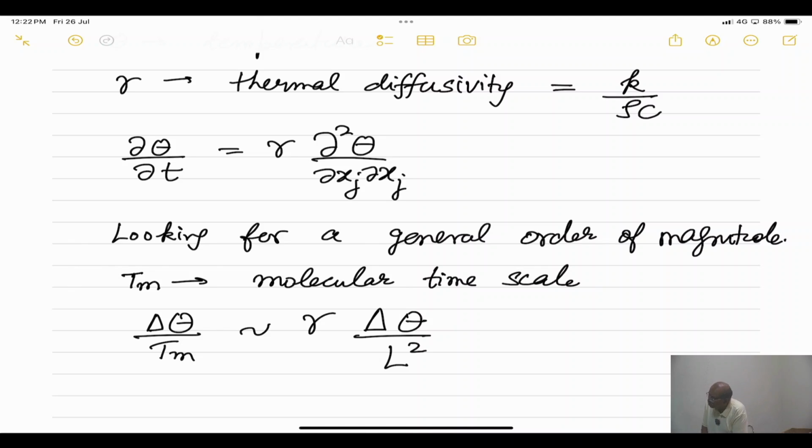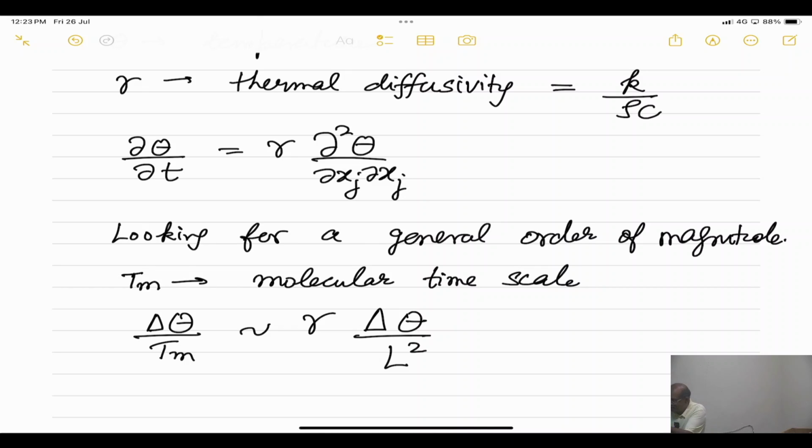First, let's have a look at this equation. Obviously, where does this come from? From the equation, but it doesn't come from solving the equation. We are just doing an order of magnitude analysis. Now, partial theta by partial t, if you try to discretize it, as all of you must have done in some numerical course, is written as theta at t plus 1 minus theta at t divided by delta t.